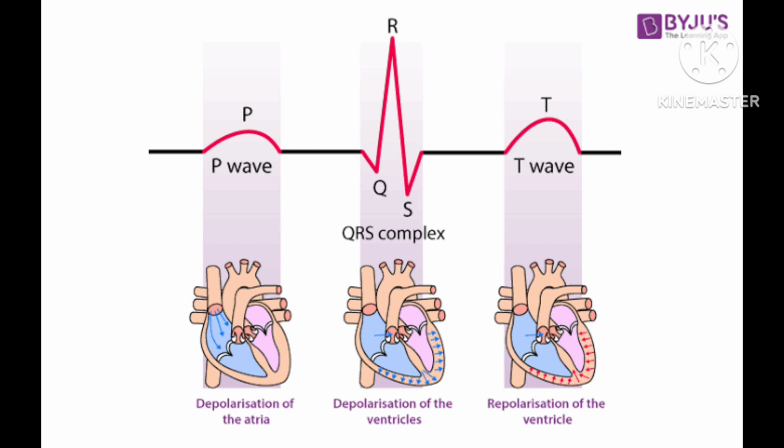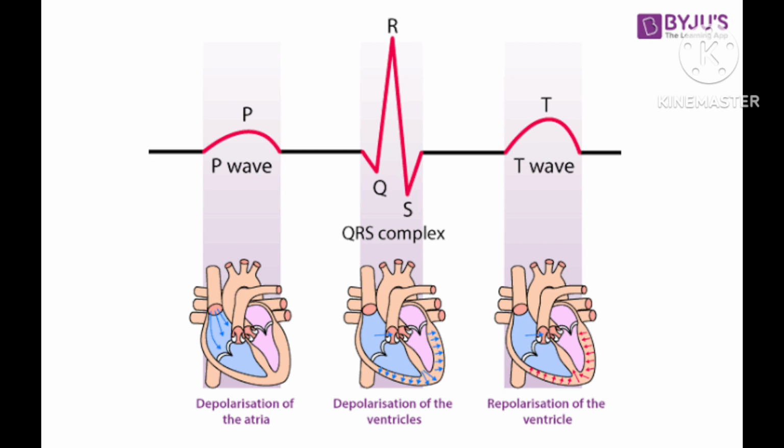Then here, in relation to this ECG, three main types of waves are repeated, or you can say there will be a specific pattern. That means you can now recognize the waves.